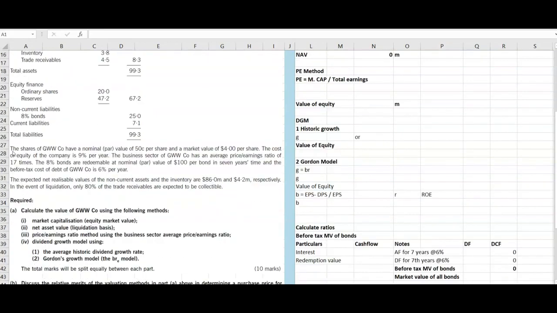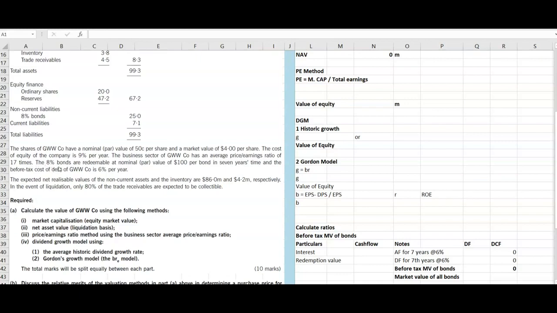Then they have given us that the shares of GCO have a nominal value of 50 cents per share and market value of $4 per share. The cost of equity of the company is 9% per year. The business sector of GCO has an average PE ratio of 17 times.